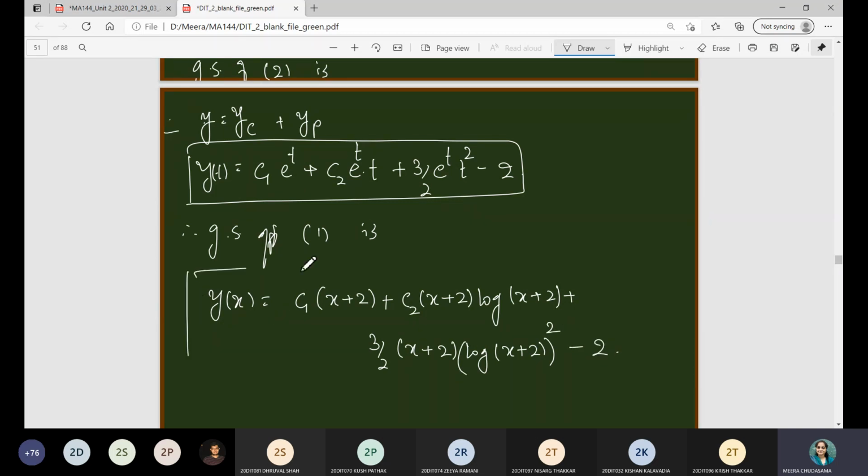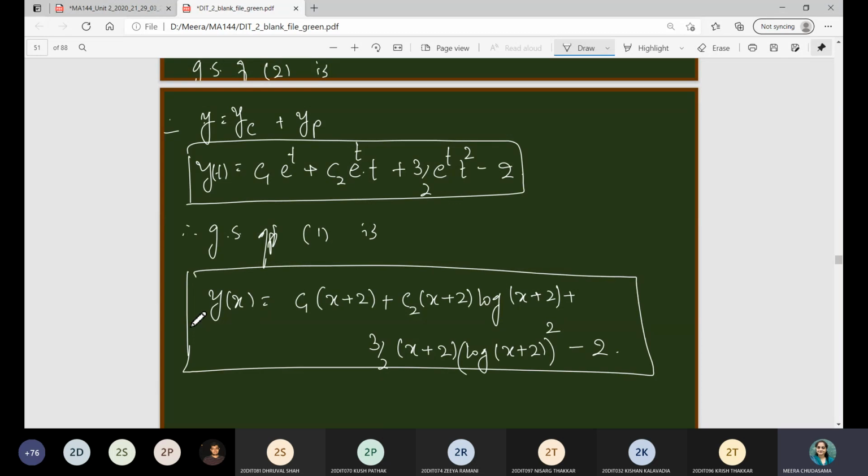So this is the general solution of the given differential equation, the Legendre differential equation. How many of you got the same answer from the variation of parameter method?